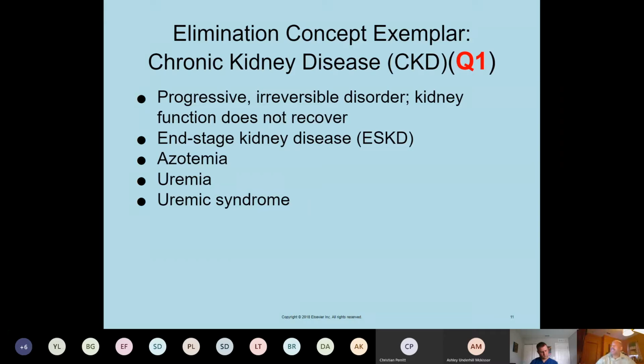So this is CKD. CKD is a progressive, irreversible disorder wherein the kidney does not recover. The kidney function will not recover. This is also referred to as end-stage kidney disease, or ESKD. These patients develop azotemia, uremia, and also a condition called uremic syndrome. We'll talk about that.